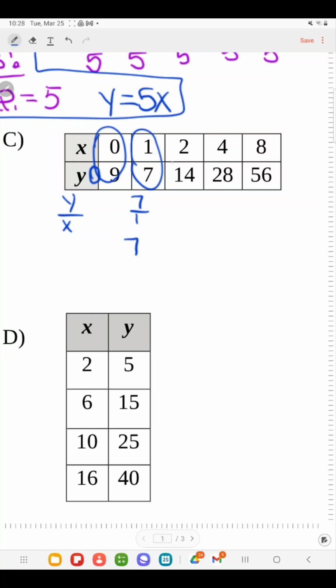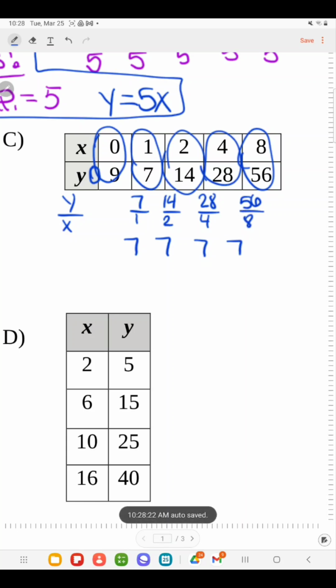Actually, this one's going to trick you if you do this, because every single one of these is actually going to get you 7. So be super careful with that.